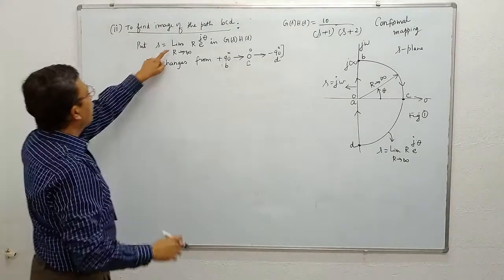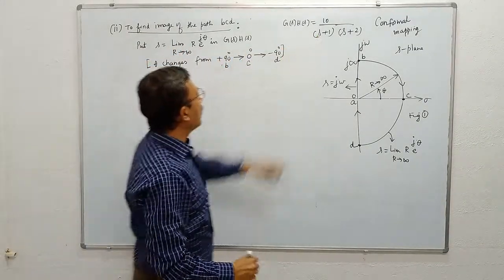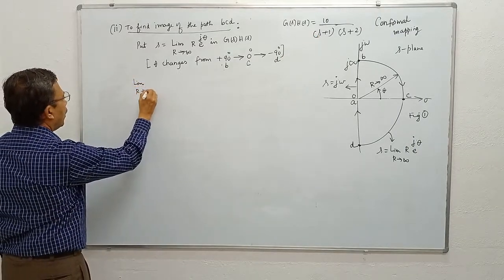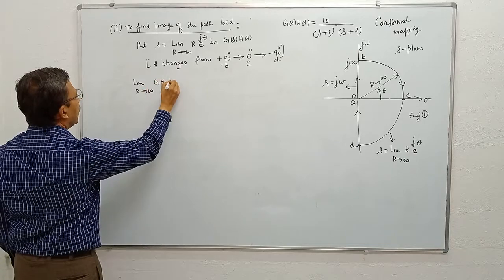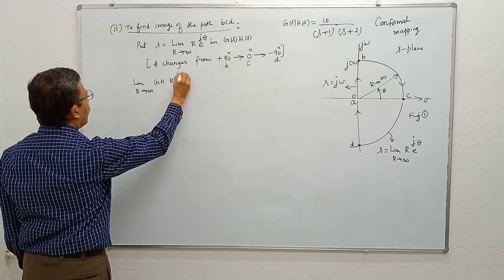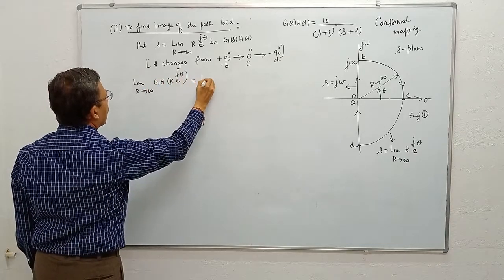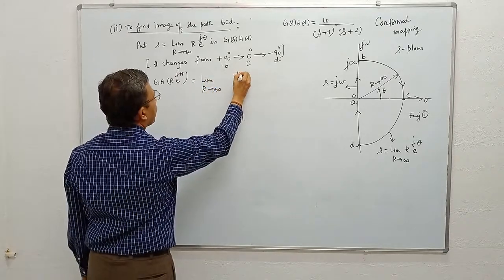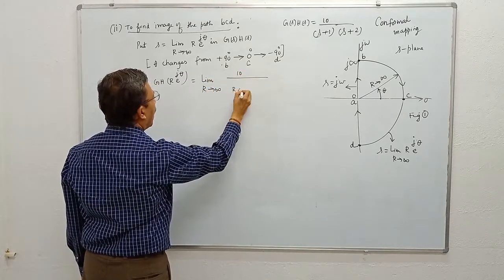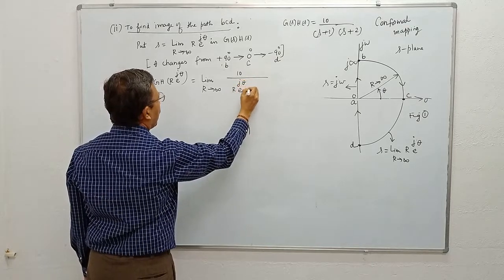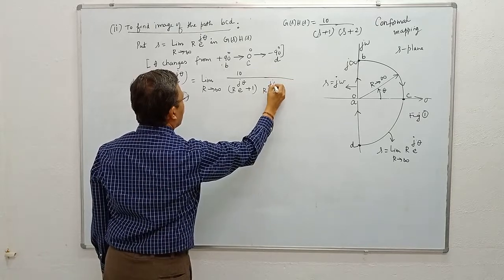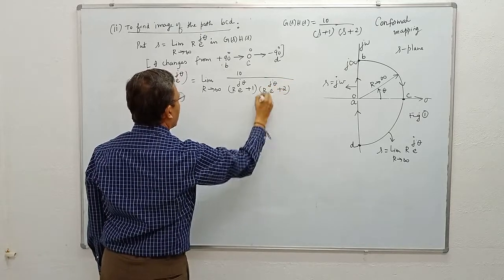So when you put this expression in this function, you get limit r tending to infinity G H of r e to the power j theta is equal to limit r tending to infinity 10 divided by r e to the power j theta plus 1 into r e to the power j theta plus 2.